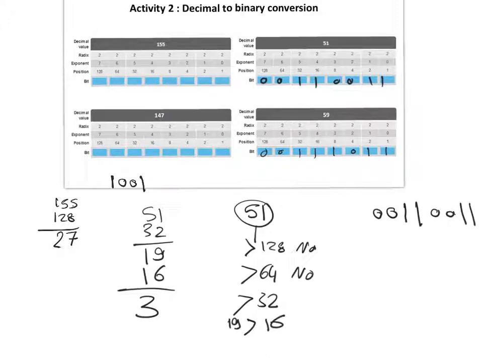So we put 1 and then we put 16. So it's 11. 11 is more than 8, yes. So we put 8 and the answer is 3, then it's 0, 0, 1, 1. Oh, sorry, 0, 1, 1. So this one is 1, 0, 0, 1, 1, 0, 1, 1.